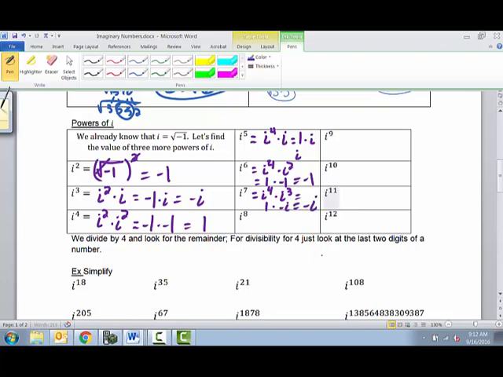So when I multiply those, I get negative i. And i to the 8th, well, that's i to the 4th times i to the 4th, which is 1 times 1, which is 1.